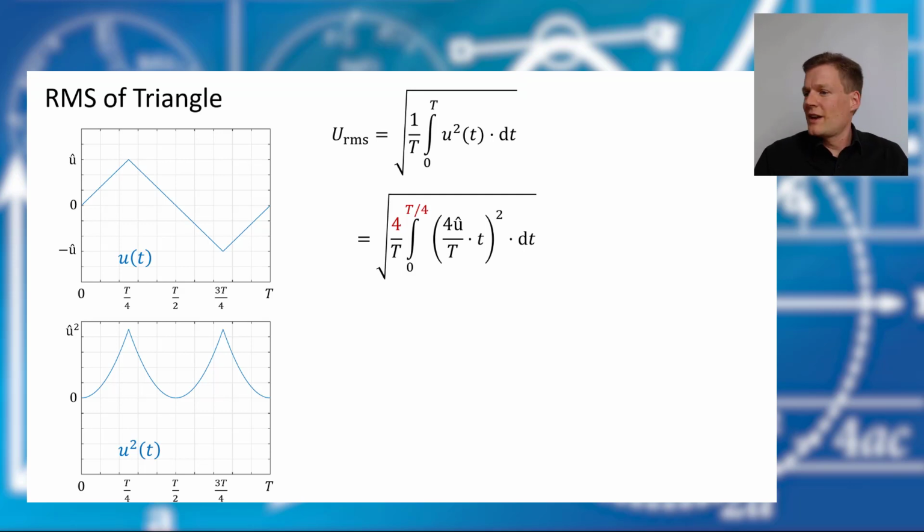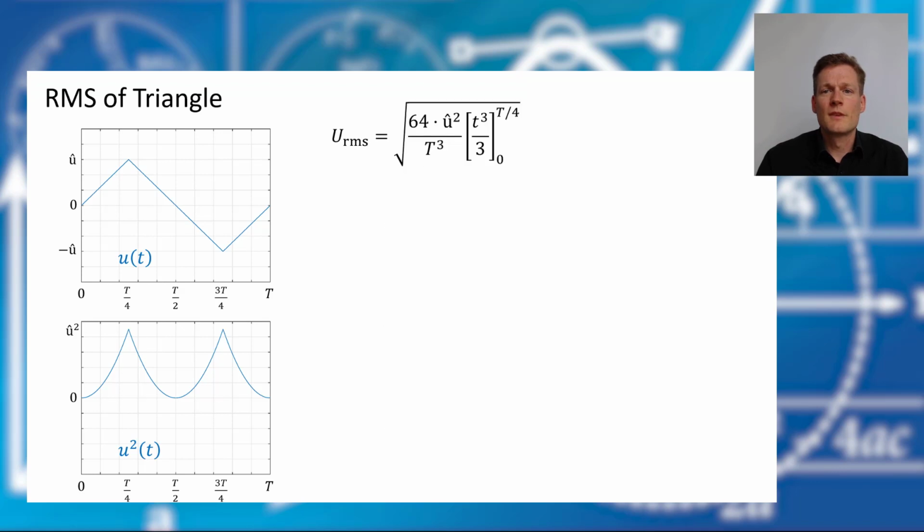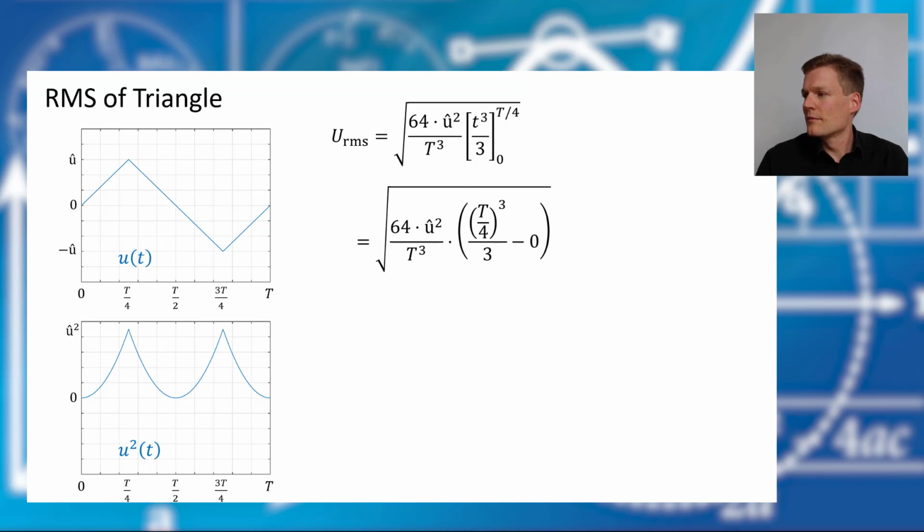Okay, I calculate the square. And now we have the function t square, and we know that the primitive of that is t to the power of 3 divided by 3. And I start a new sheet. And now I put in the borders and I calculate this power of 3.